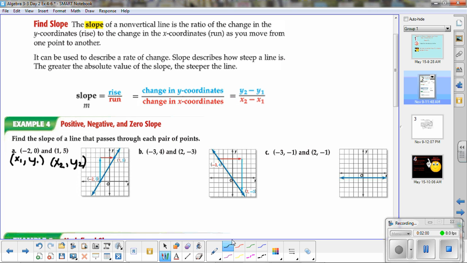Now we're going to say y2 minus y1, or we start at the back end and go 5 minus 0, over x2 minus x1, or 1 minus -2.